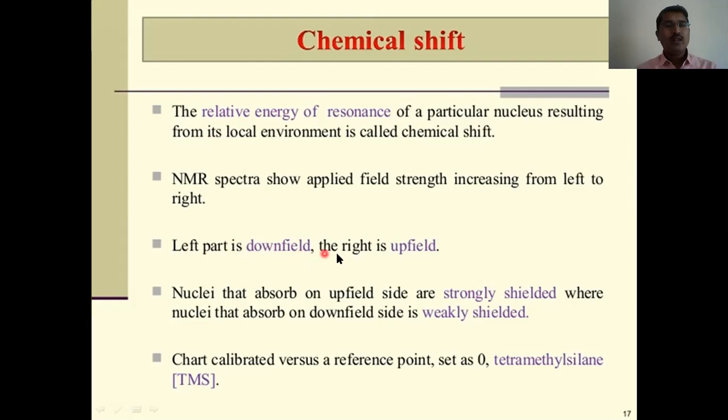The left part is downfield, the right is upfield. Nuclei that absorb on the upfield side are strongly shielded, whereas nuclei that absorb on the downfield side are weakly shielded. The chart is calibrated versus a reference point set as 0, tetramethylsilane, TMS.